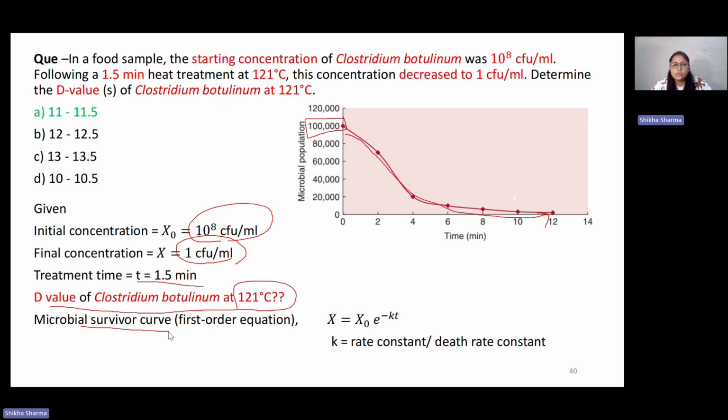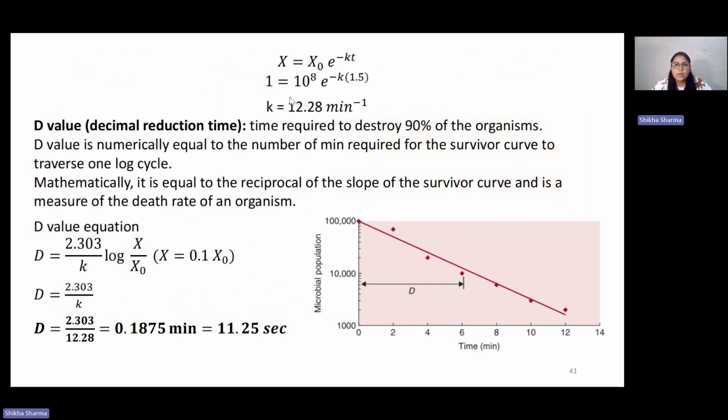Right. So as we talked about, this is a microbial survival curve, and it follows a first order equation, which is x equals x naught e to the power minus kt. Here k is the rate constant, or death rate constant. So x is the final concentration of the microorganism, which is 1 CFU per ml, equal to x naught, the initial concentration 10 to the power 8 CFU per ml, multiplied by e to the power minus k into t.